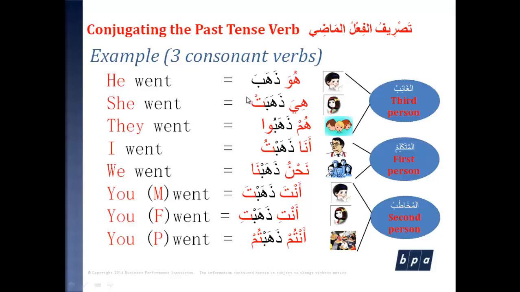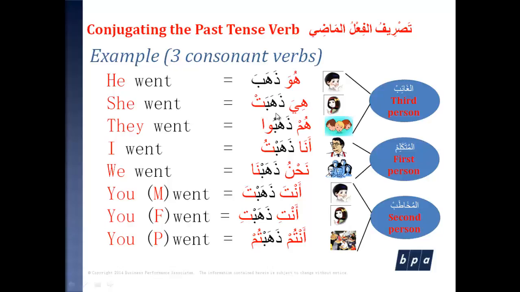Now if we wanted to change it to she went, we say hiya dhahabat. So we added a letter at the end, the ta, and it has a sukoon on it. And we kept the three fathas on the main letters as they are.